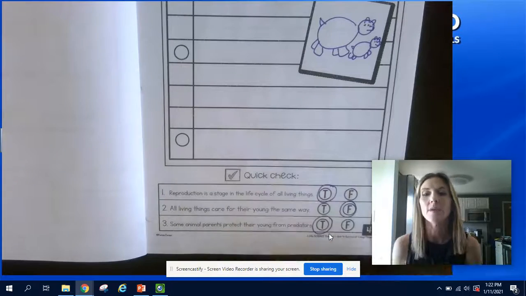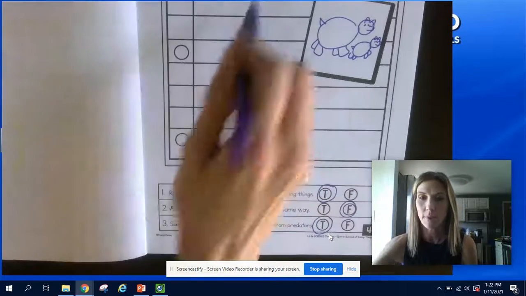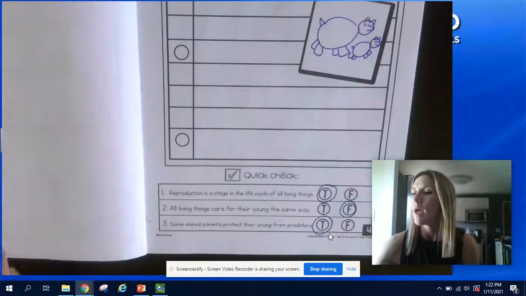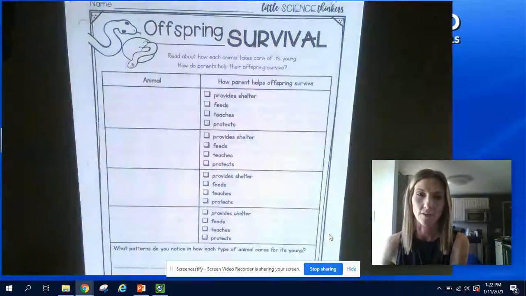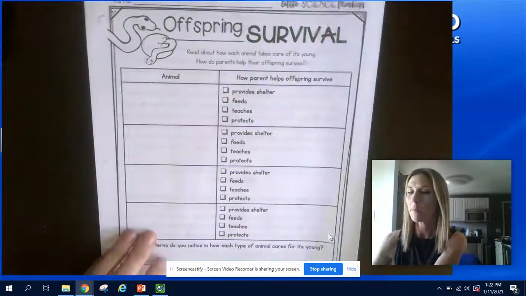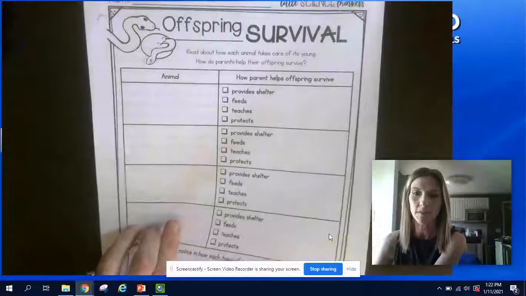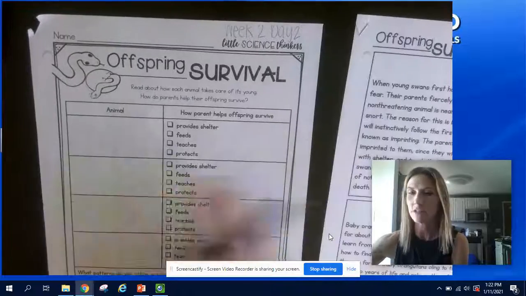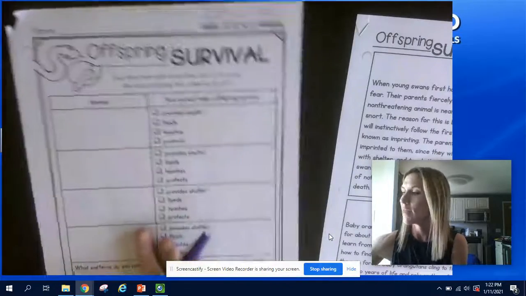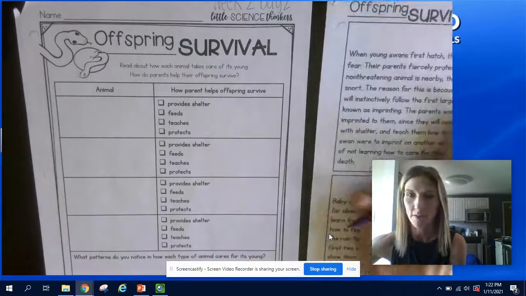Okay, so I want you guys to complete the rest of this page in your booklet. And then when you're done with that, you can get your worksheet packet that looks like this. Now, you're probably going to want to do the same thing that we did with those other packets, and rip the front off so that you have just the first page right here, and then the rest of the pages over here, okay?